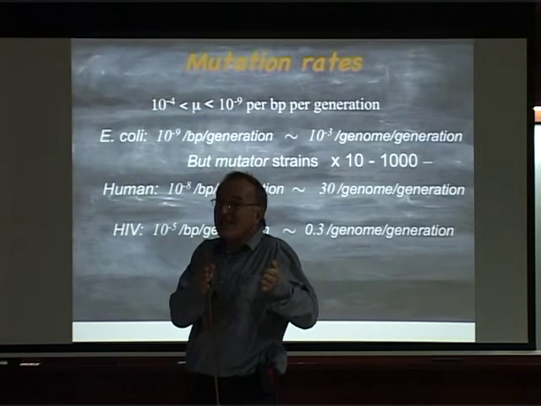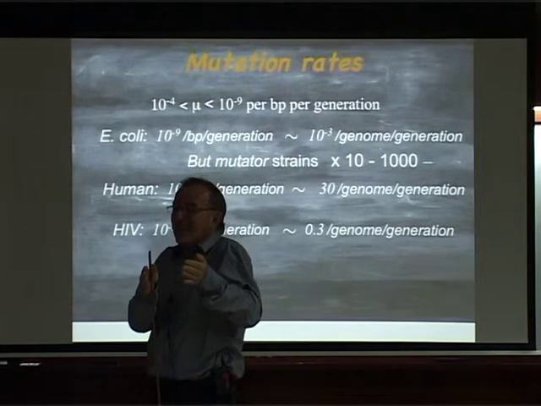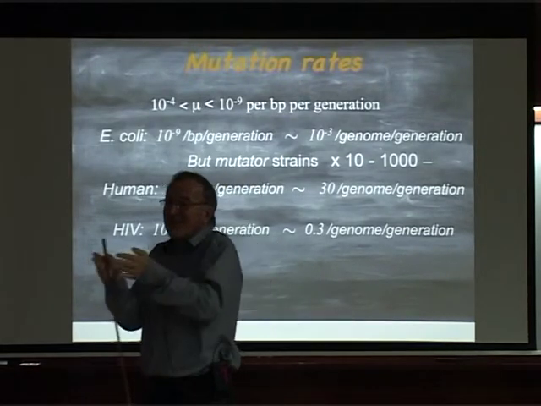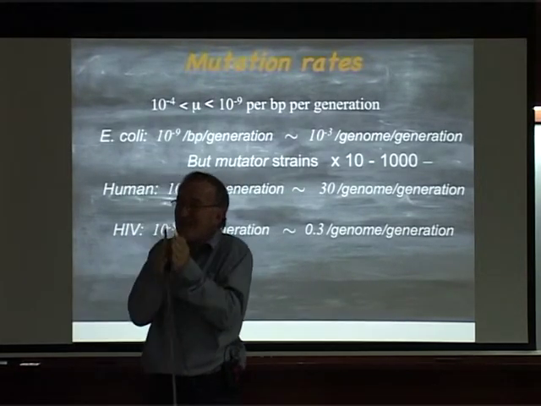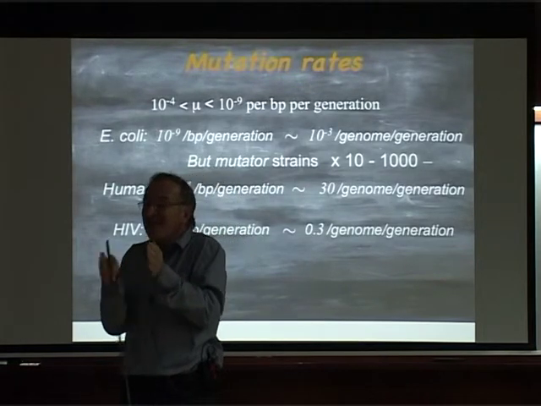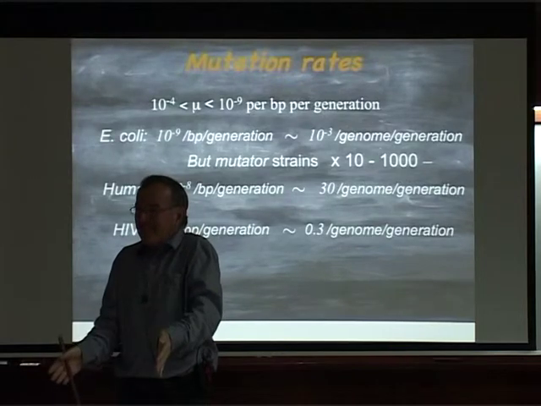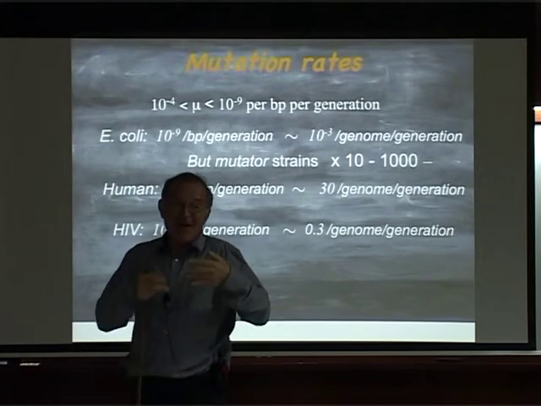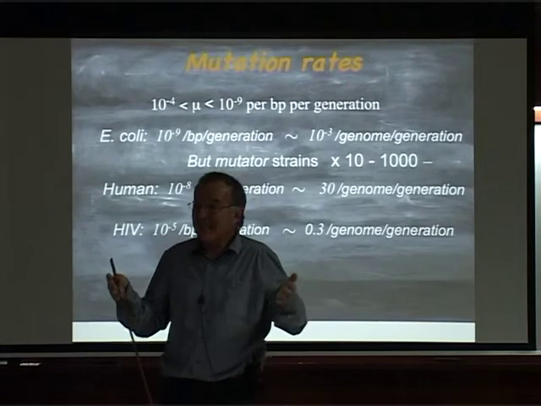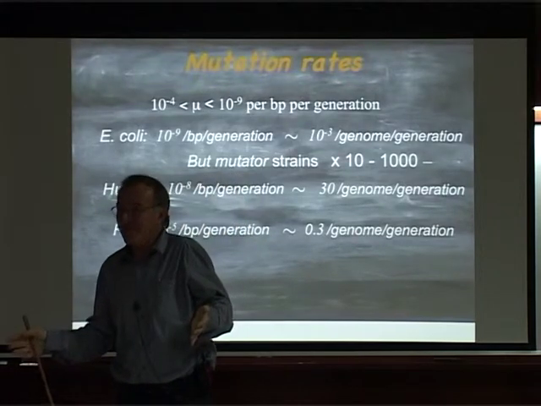Would an individual with relatively high mutation rate, or relatively lower mutation rate, or some in-between rate be the most likely individual to survive in some varying environment ultimately, right?